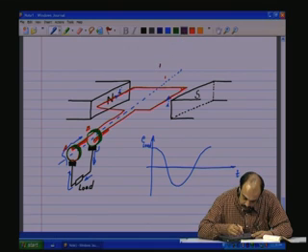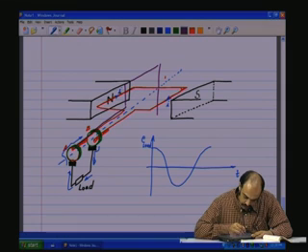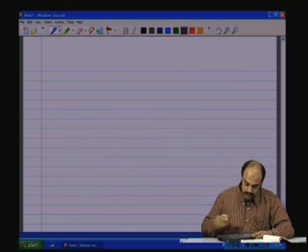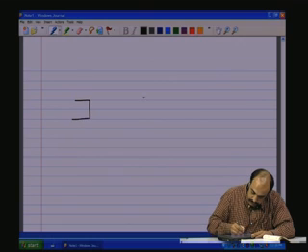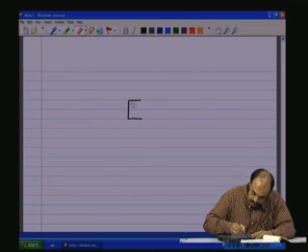Let us say the coil has now taken the position which is like that, and this has gone like that. That is, it is this vertical position. Probably it is confusing. Let me redraw that one. It is better to look at it like this. Let me make some space here.